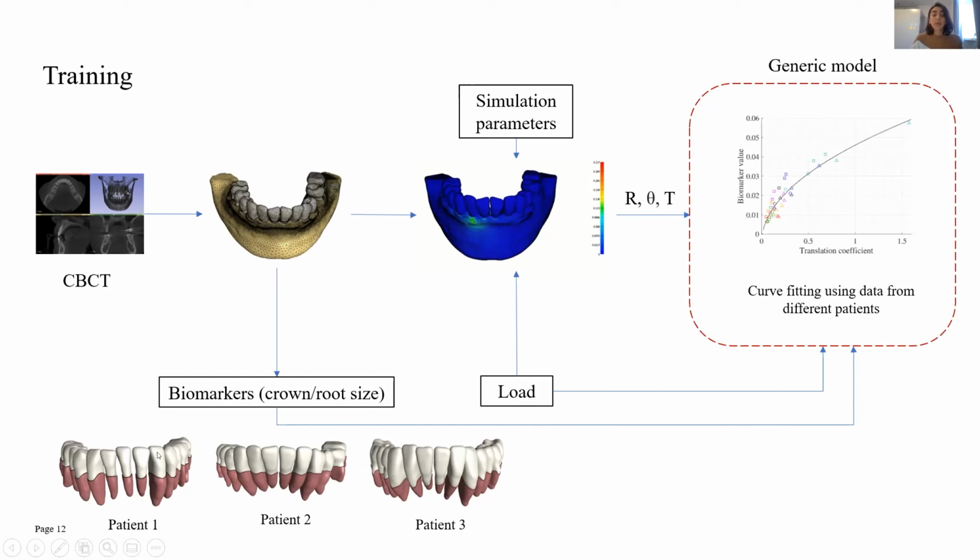We need to consider these biomarkers because they can help us to compensate for these variations between the different patients' geometries and have a better prediction of the tooth movements.